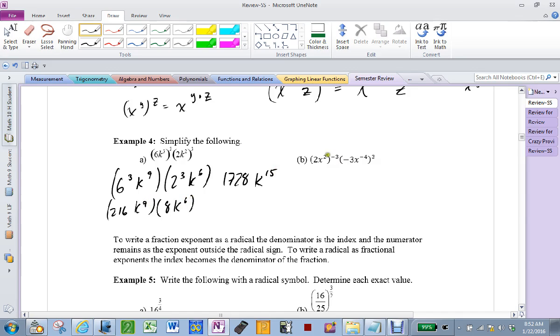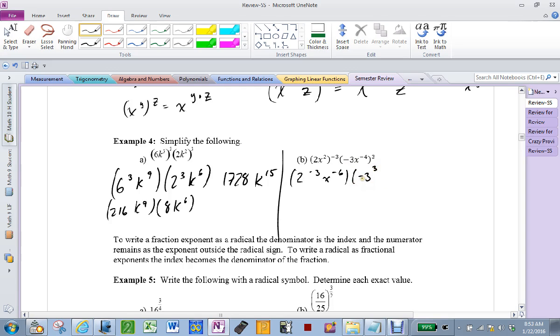Now here, you have all kinds of choices. I cannot do this in all the ways you could do it, so I'm going to do it the way I think is the easiest way for you guys to do it. Distribute that negative 3. 2 to the negative 3, x to the negative 6, times negative 3 to the 3.